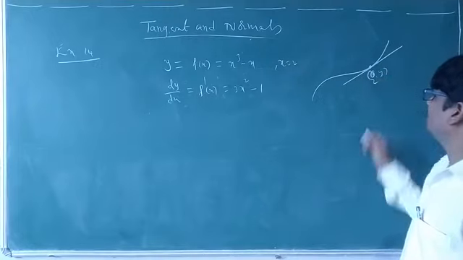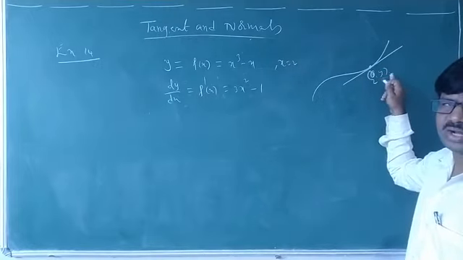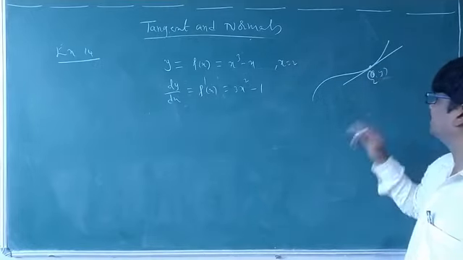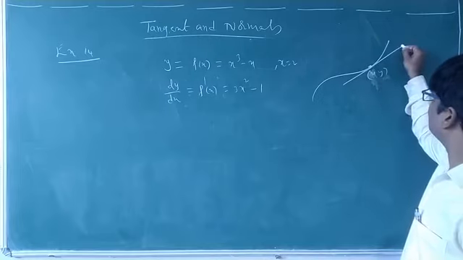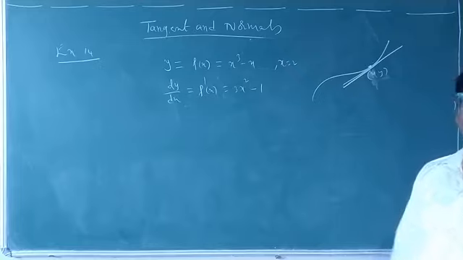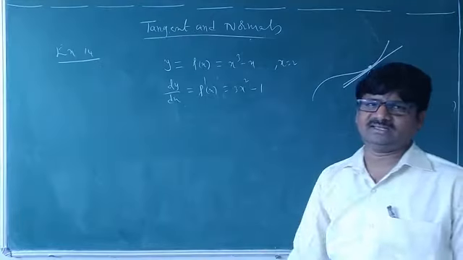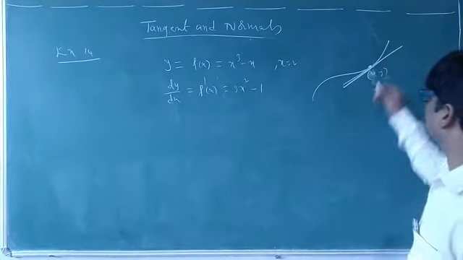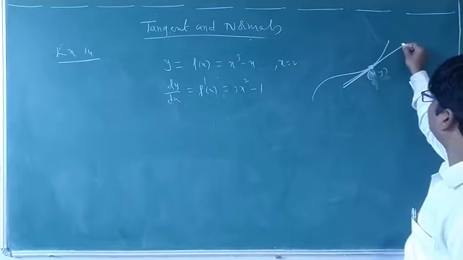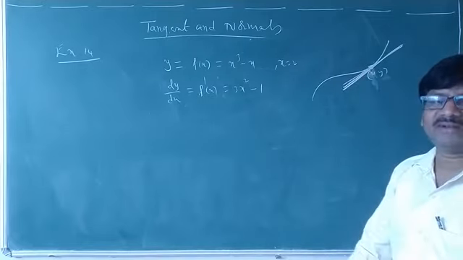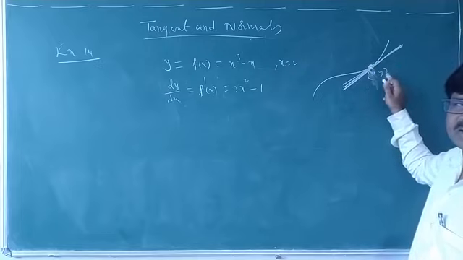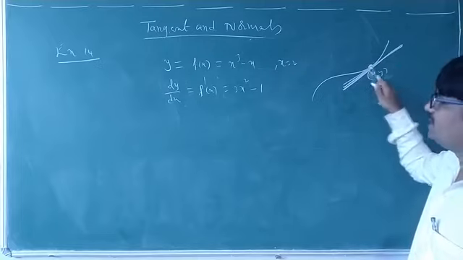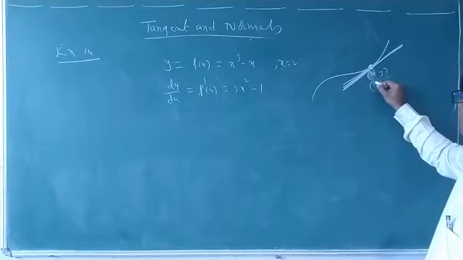Here we don't know the y value. If you want, you can find the y value, no problem. The point is x comma y, so here it is 2 comma y.